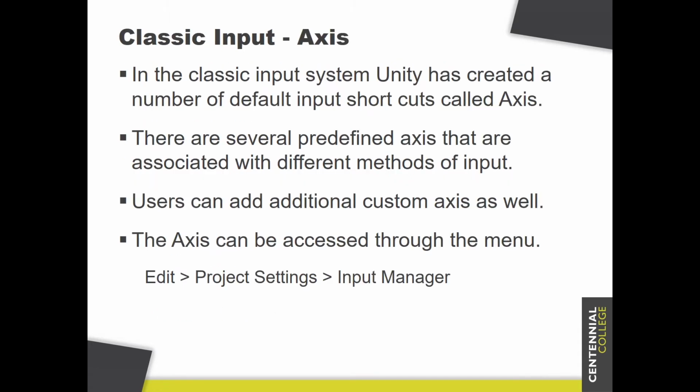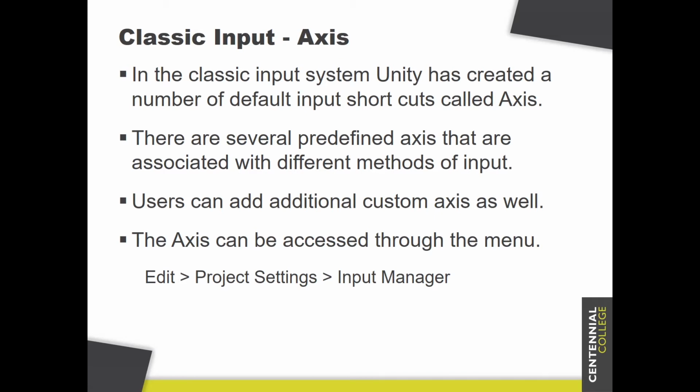The classic input system, as I've already mentioned, utilizes something called axes. Axes really are a number of different variables that Unity has set up for you that can be used to monitor specific keystrokes, button pushes, joystick movement, all the input methods that are available to you. These are default variables that Unity set up for you.